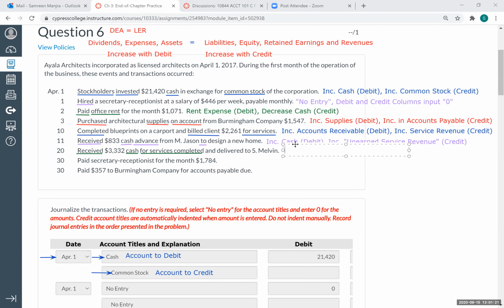When we provide the service, we get to record service revenue, and our revenue will be a credit. We also notice that we have an increase in cash, which is an asset noted with a debit.